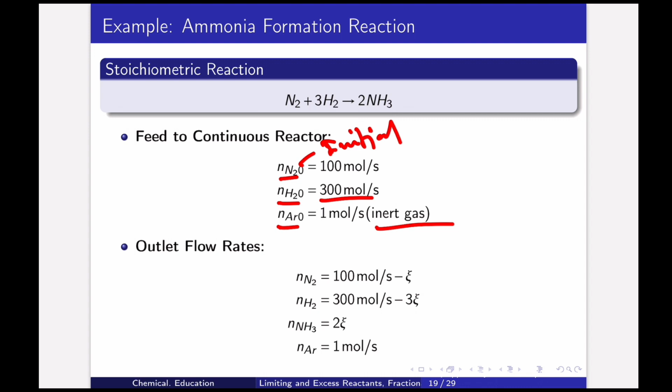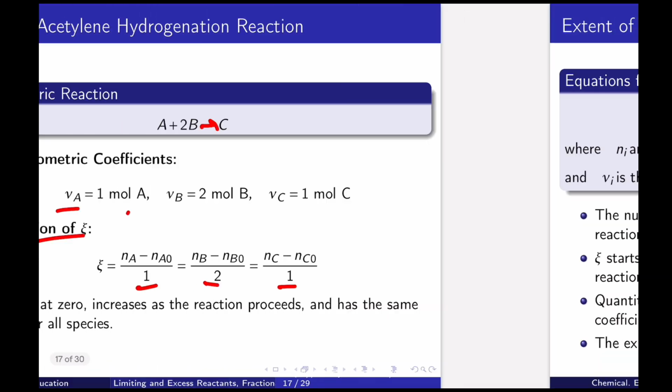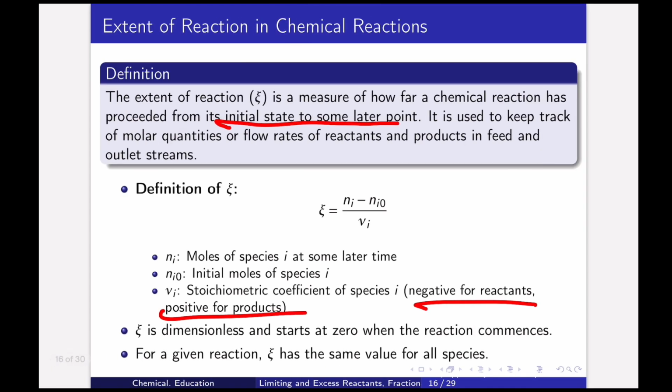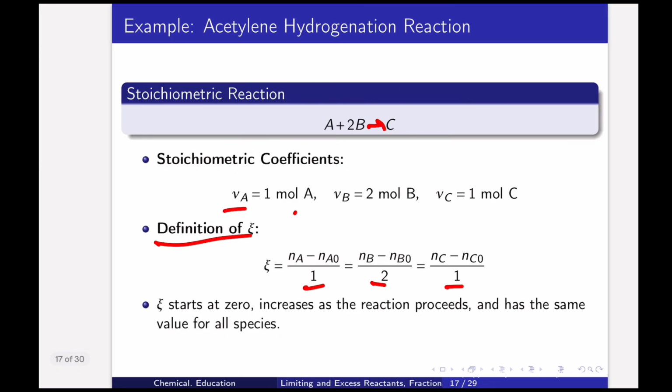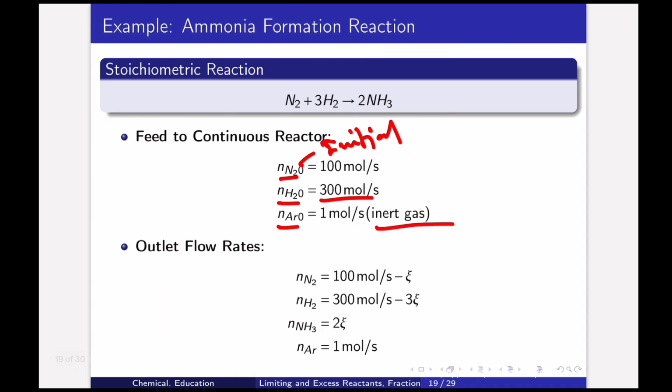Now for the outflow rate, we said zeta, the extent of reaction, means how far the reaction has proceeded from the initial state to some later point. So N of N2 will be 100 minus zeta, N of H2 will be 300 minus 3 zeta, N of NH3 is 2 zeta, and argon is 1 mole per second.